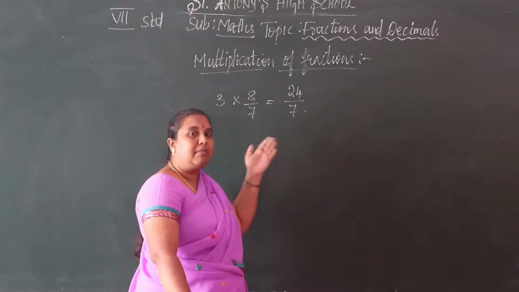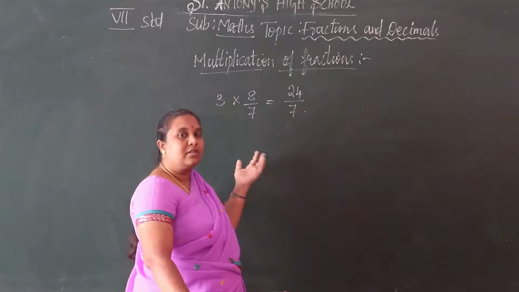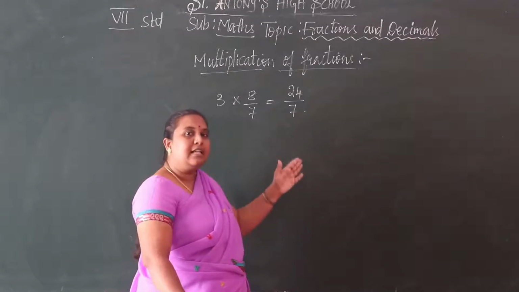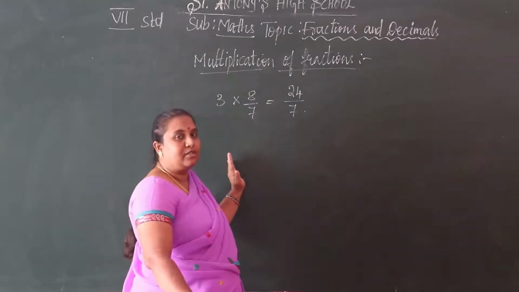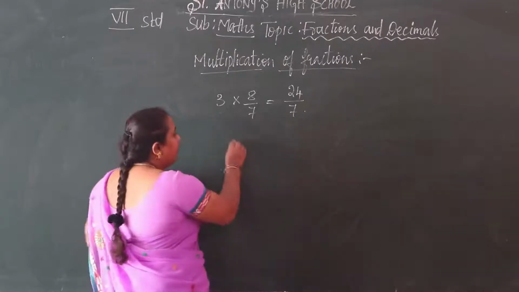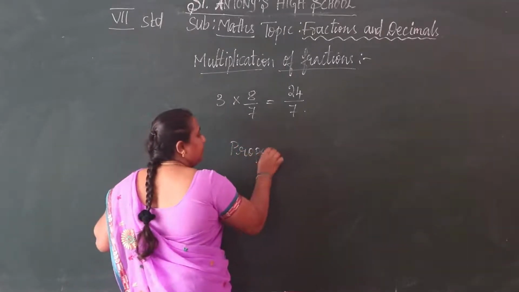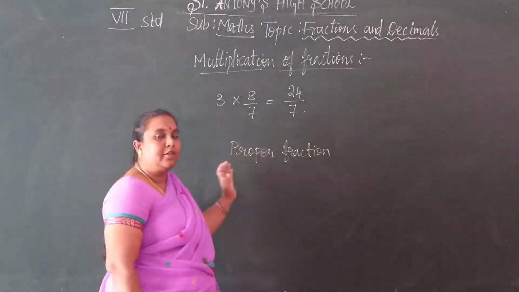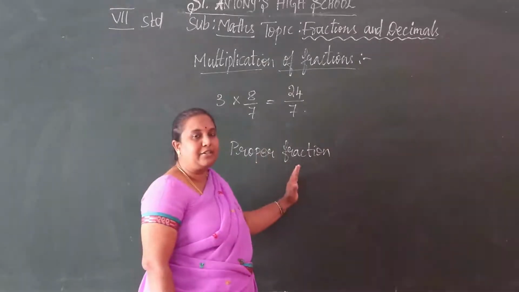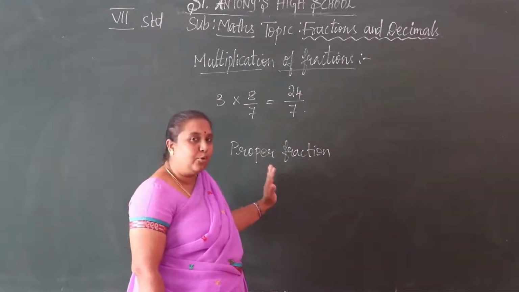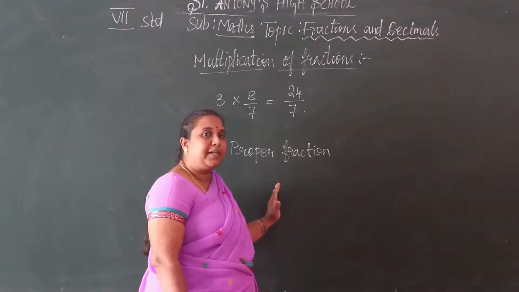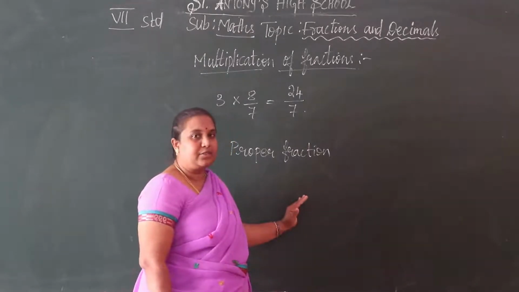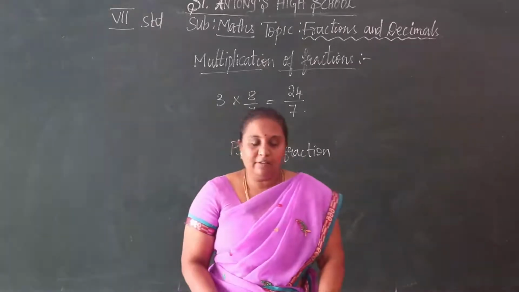But in proper fractions, the multiplication of two proper fractions gives a solution which is less than each of the fractions.